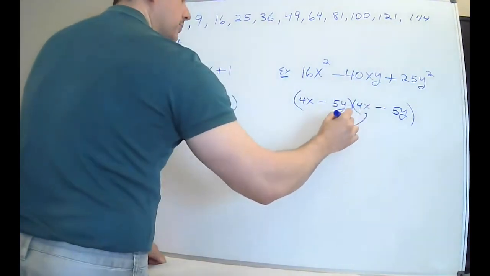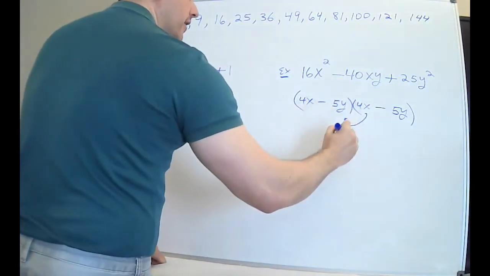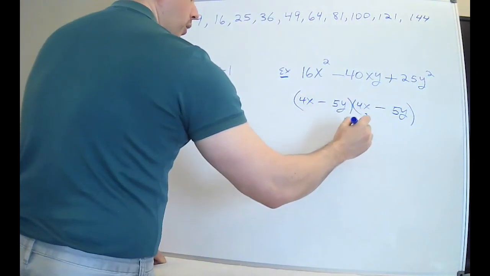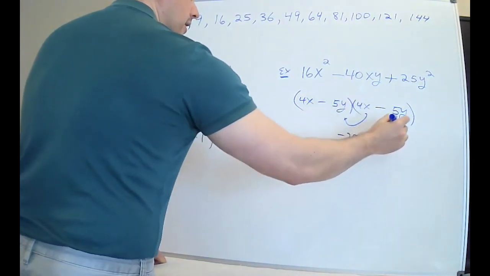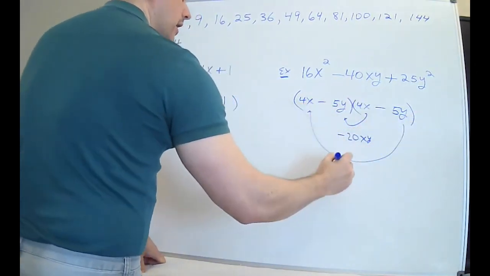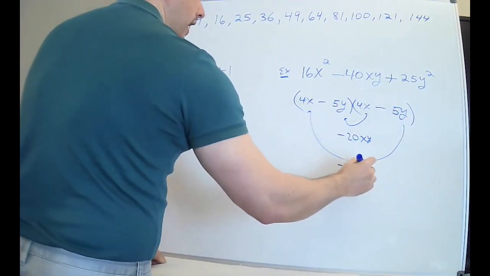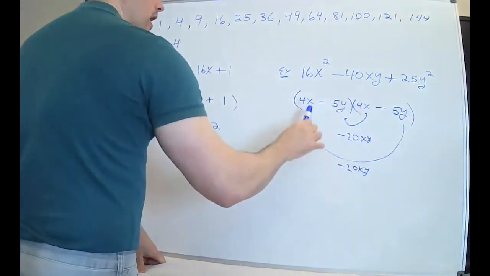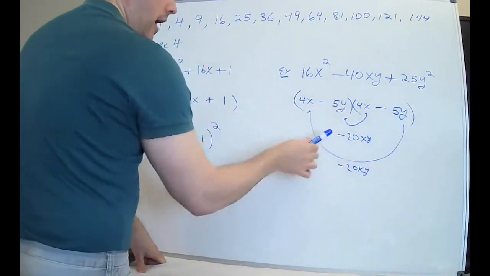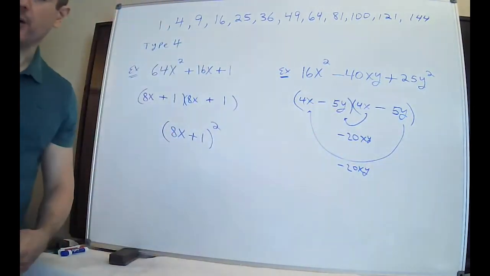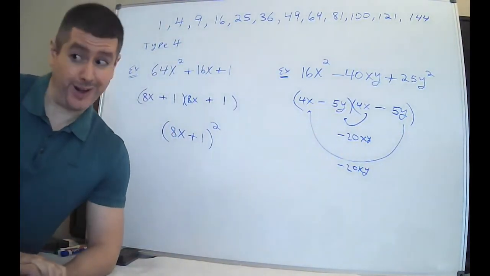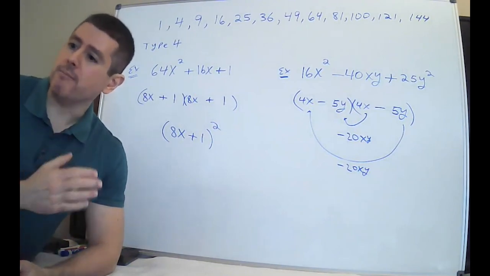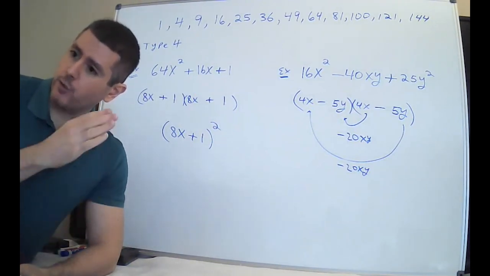Now, make sure the middle comes out, right? You have negative 5 times 4, which is negative 20, xy, alphabetical order. The outer, negative 20, xy, right? Minus 20 and minus 20 is not 0. Minus 20 and minus 20 is minus 40. So the number in the middle will take care of itself if you build it right.